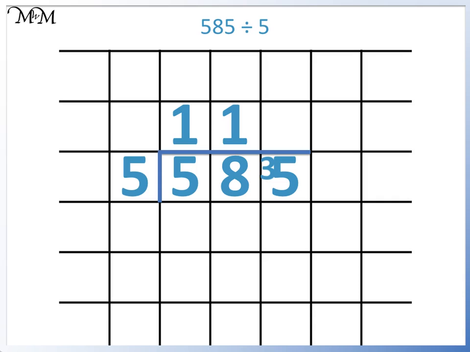So with these two digits together, we have the number 35. So we divide 35 by 5. 35 divided by 5 equals 7, and we write 7 above. So 585 divided by 5 equals 117.